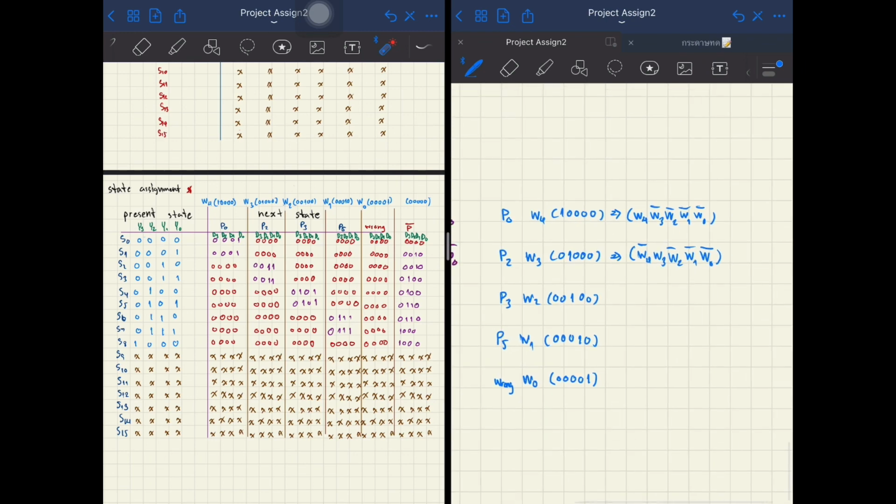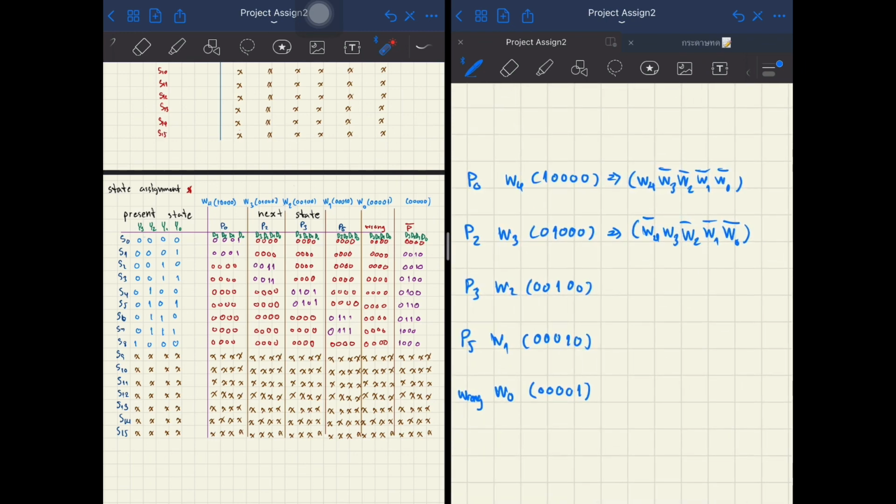And W2, W4, W3, W2, W1, W0, and I give complement to W4, 3, 1, and 0. W1 is the same. We give complement to 4, 3, 2, and 0, right?